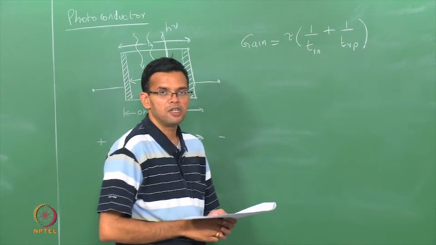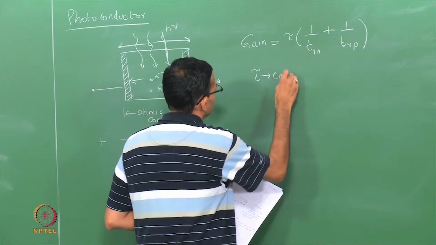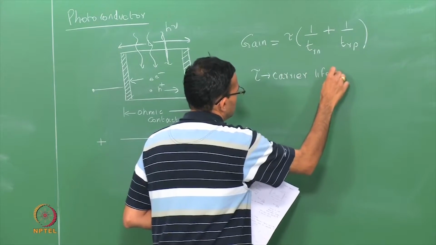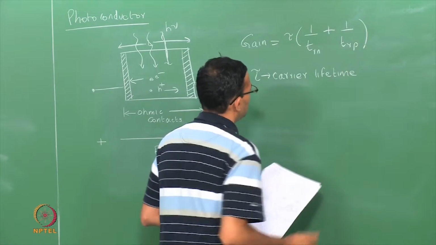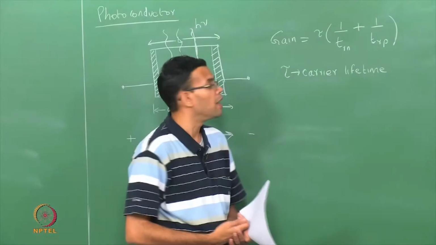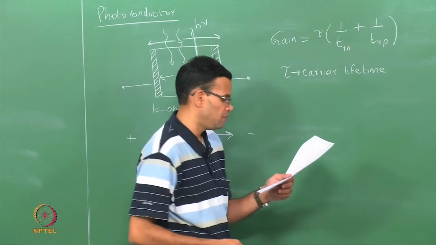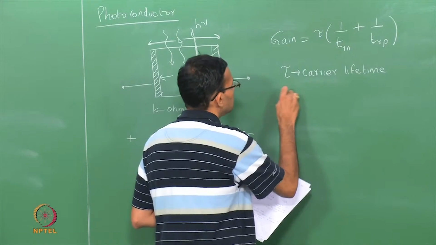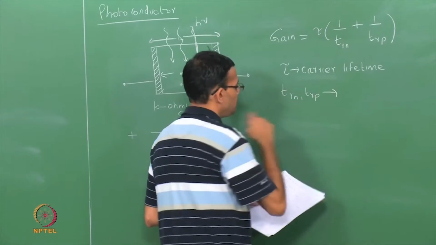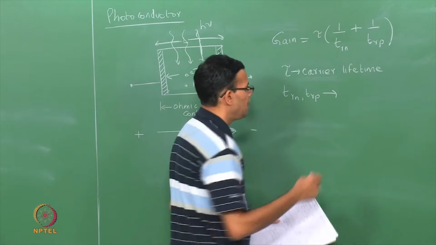Tau refers to the lifetime of the carriers, because once your electrons and holes are generated, they will like to recombine. So, the recombination is determined by the carrier lifetime. TRN and TRP are the transit times for these carriers to the electrodes.